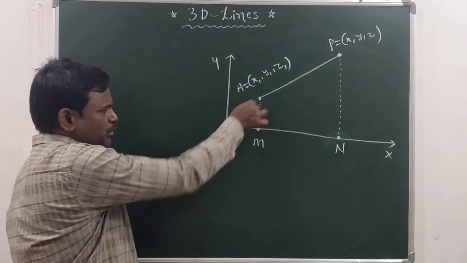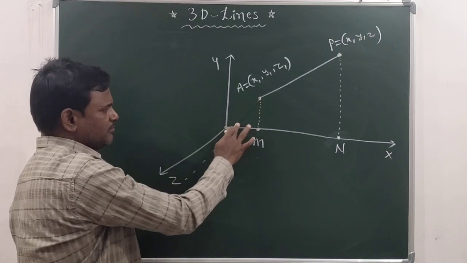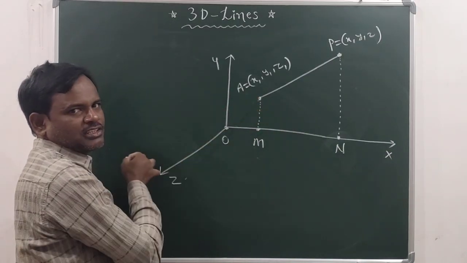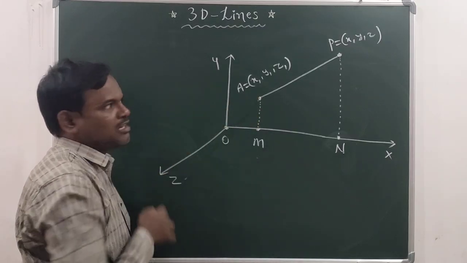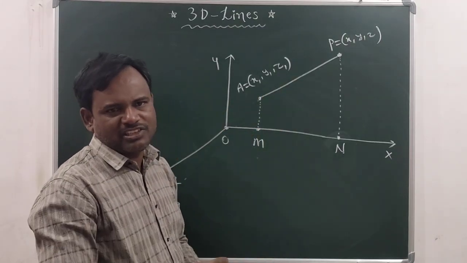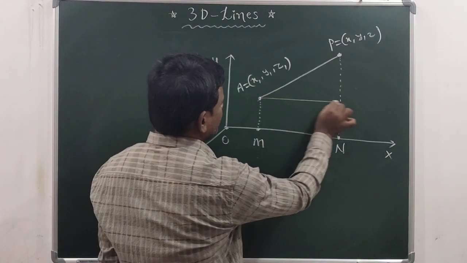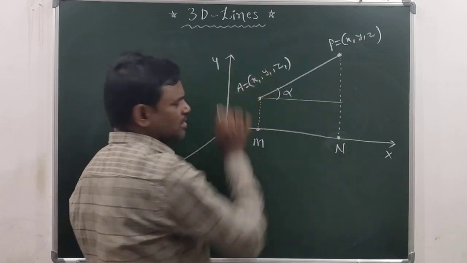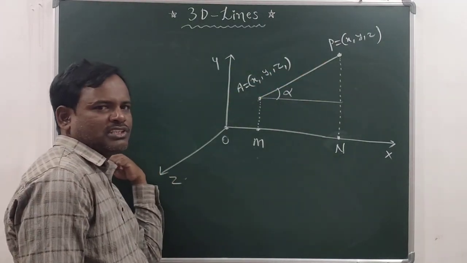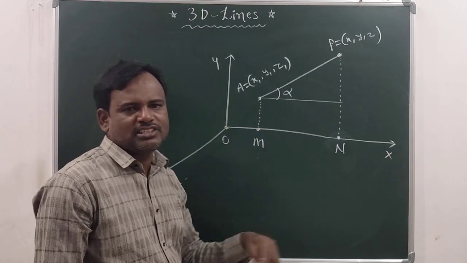If you extend these, students, it will go like this. If you extend PA to this side, it makes some inclination with the x-axis. That inclination is equal to this inclination. If you extend PA to this side, somewhere it will make an inclination with the positive direction of the x-axis.